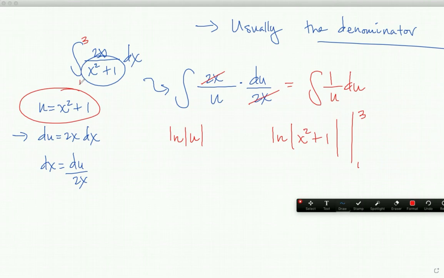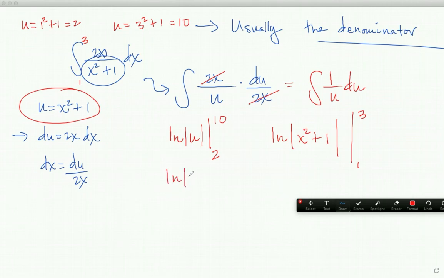So if we make them about u, when we plug in 1, you get u equals 1 squared plus 1. That's 2. And so we're switching from x to u. And then for the top, it would be u is equal to 3 squared plus 1. That's 10. And so then that way, you don't have to go back to x. So you could just keep your answer in u, but evaluate from 2 to 10.